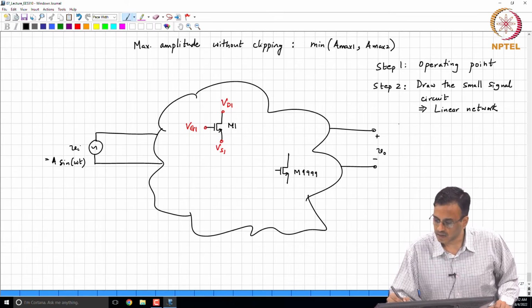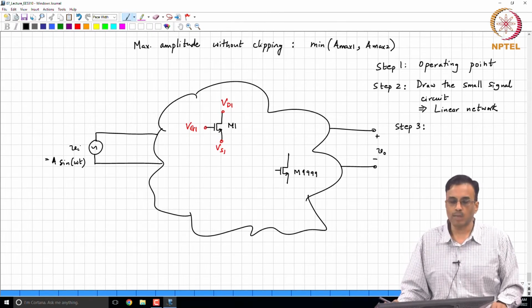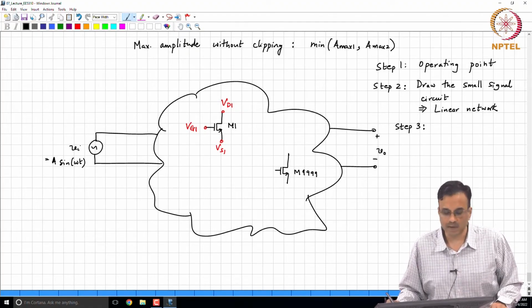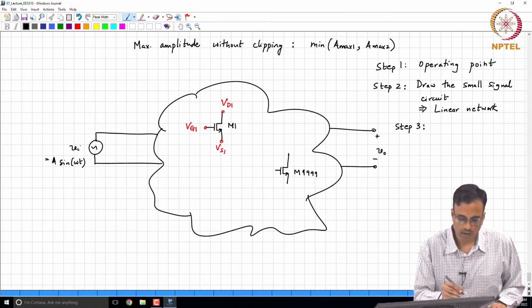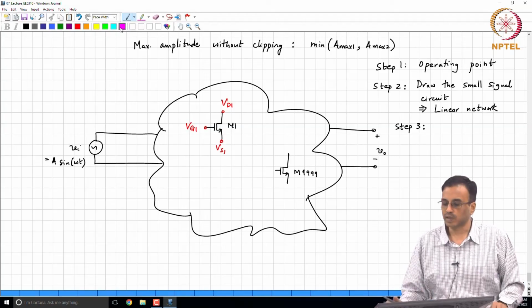Once you get the incremental network, what comment can you make about the drain voltage?